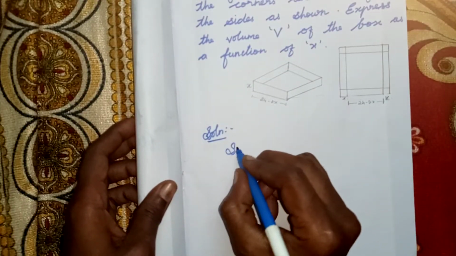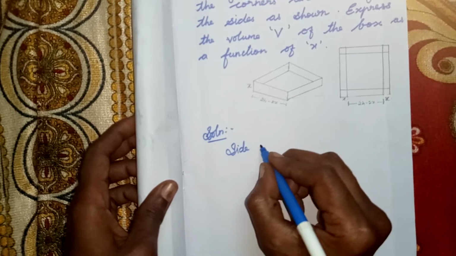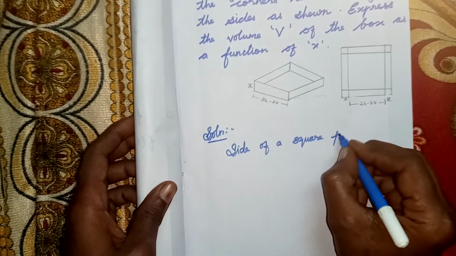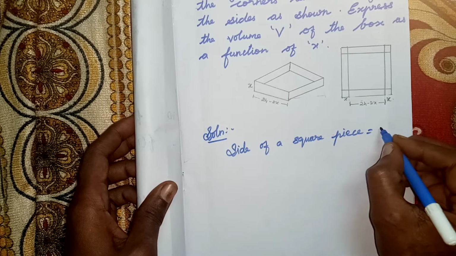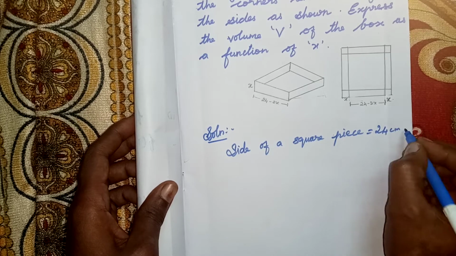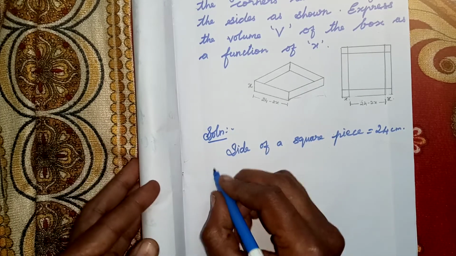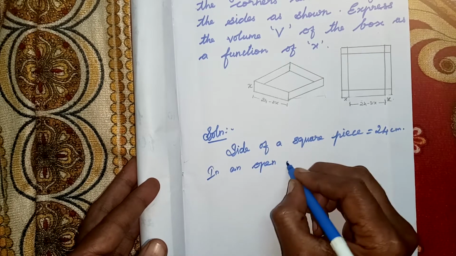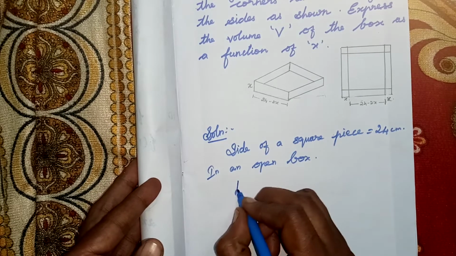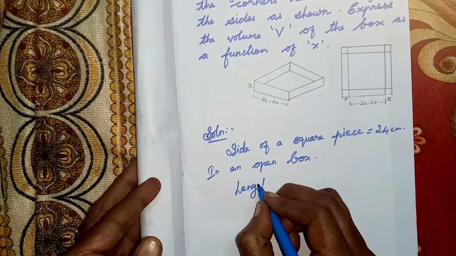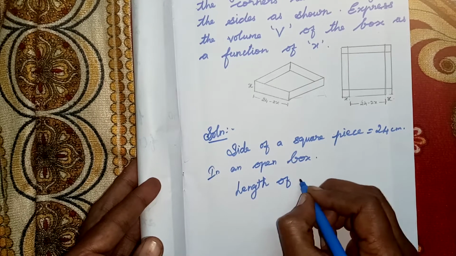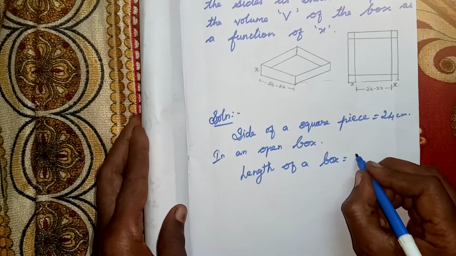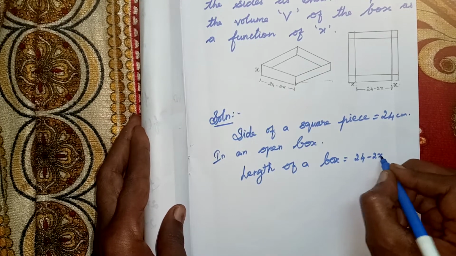First, side of a square is equal to 24 centimeter. Now, in an open box, length of a box is equal to 24 minus 2X centimeter.